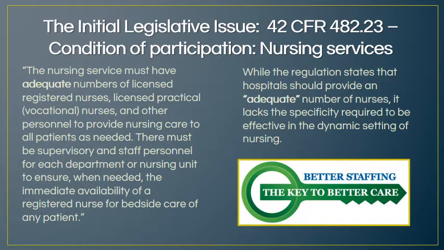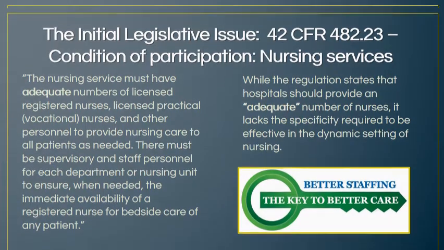This existing law is the only federal law in the books concerning nurse staffing, and the language has been construed by nurses as being incredibly ambiguous. While the regulation states that hospitals should provide an adequate number of nurses, it lacks specificity, which nurses say contributes to nurse burnout and associated safety implications.